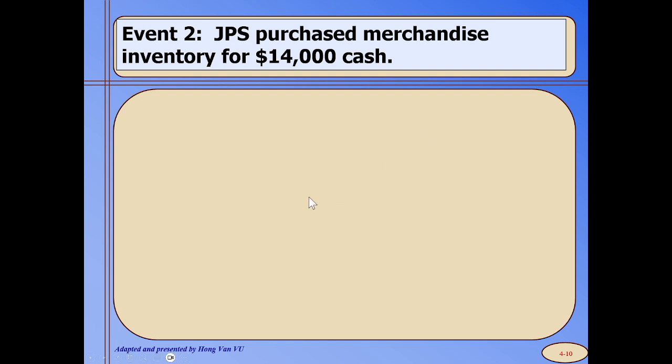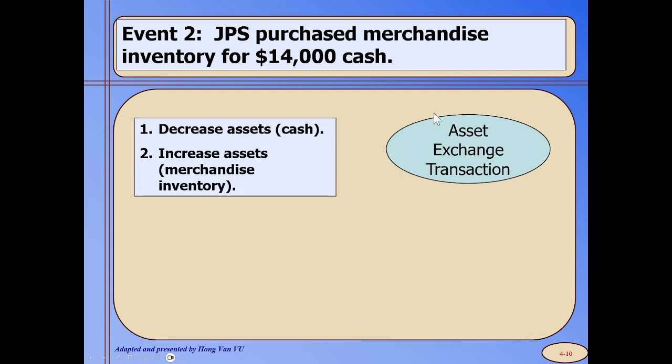So transaction number two, the company purchased merchandise inventory for $14,000 cash. This transaction decreases the cash assets account and increases the merchandise inventory assets account. It is classified as an asset exchange transaction.